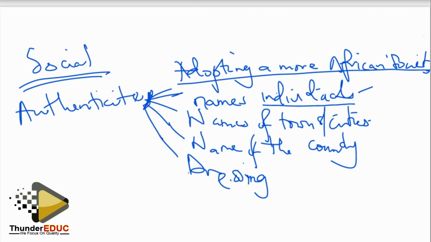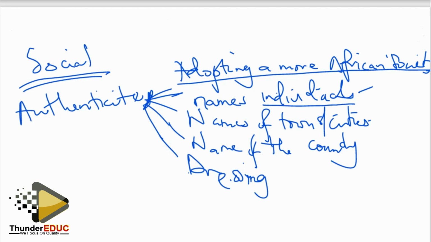You have a European name. Maybe some people had Belgian names since it was a Belgian colony. Or rather, they had French names. Now they wanted them to adopt a more African way of naming. People were forced to drop their names and were made to adopt new African names, which meant that people were supposed to change their names. Those who had Christian names, who were baptized mainly in the Catholic church, were supposed to change their names and adopt more African names, which were based upon the indigenous languages of Congo.